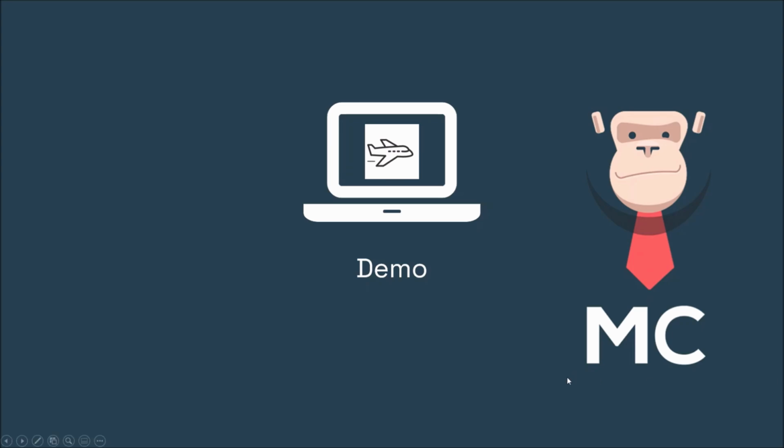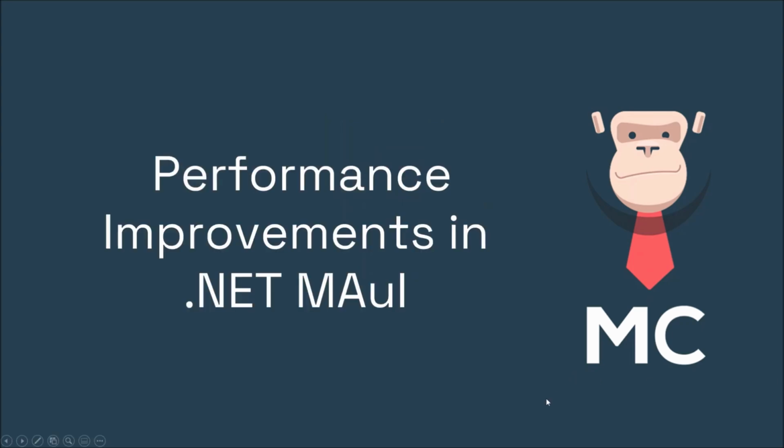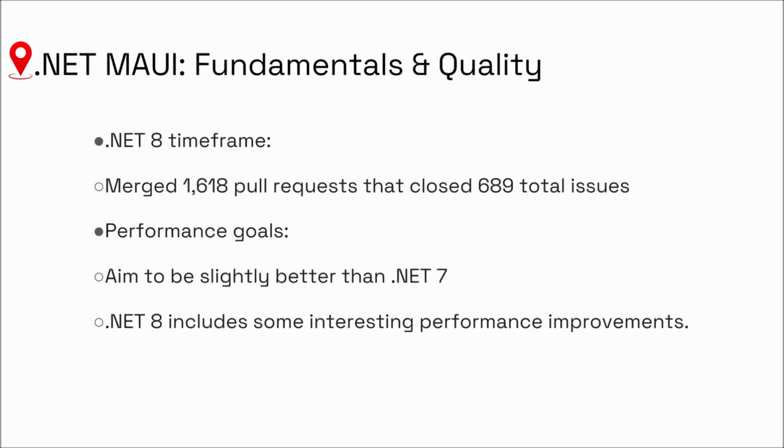After our demo, I just want to mention all the performance improvements we had in .NET MAUI. We had a lot of pull requests merged, and the performance goal is aiming to be slightly better than the previous version, and you can look for all the performance details directly on this link here.